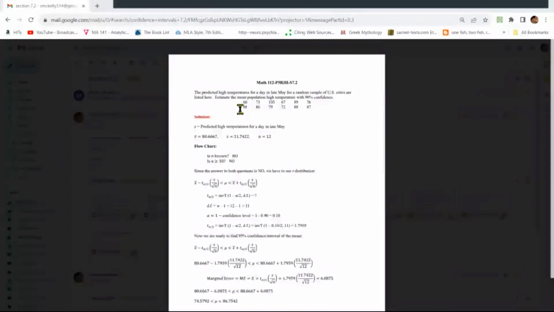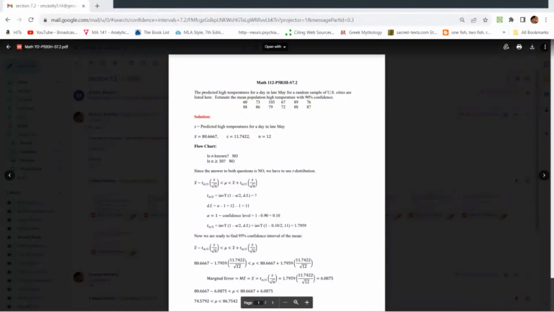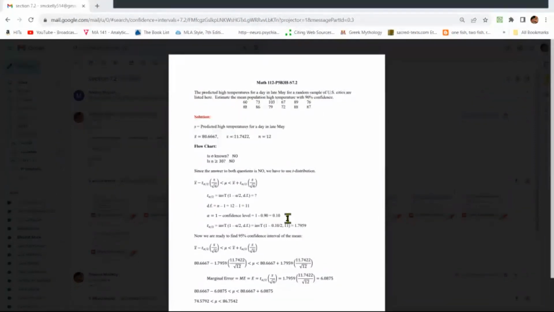N represents the number of data values you have. Sometimes they tell you how many, sometimes they don't, but that's a good question. If you have data values, the size of your sample is how many data values you have.